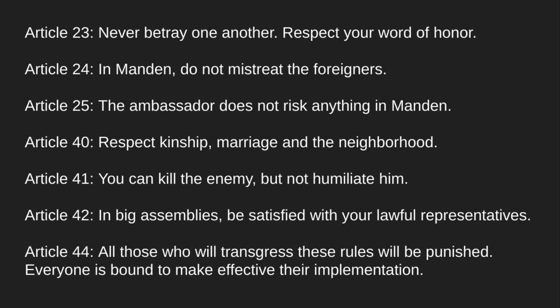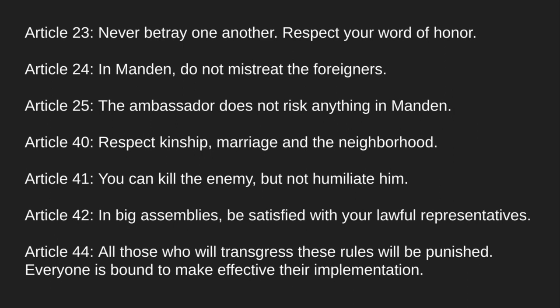These were slave-holding societies. But this Article 24 is interesting because it anticipates the Kantian universal human right of hospitality, which is so important in the UN Charter today. Article 25, the ambassador does not risk anything in Mandan. So if you're a foreign ambassador from another land, you have safety in Mandate society.